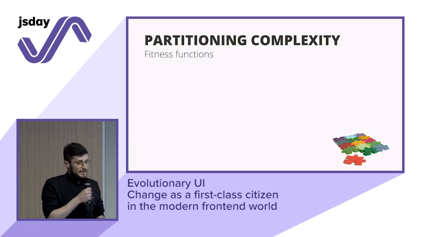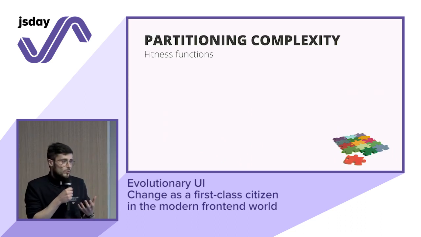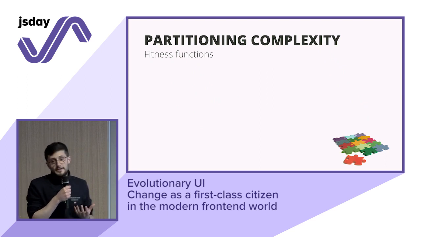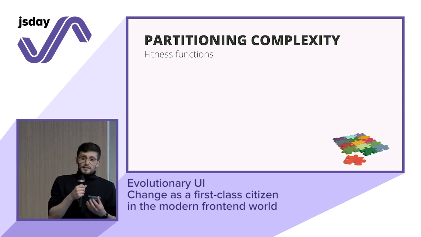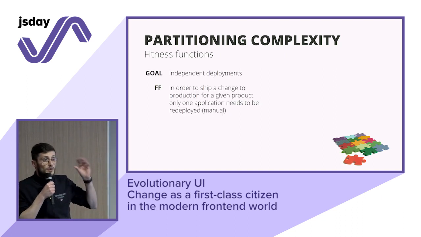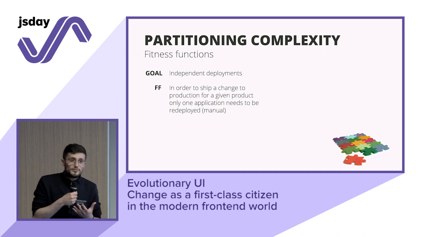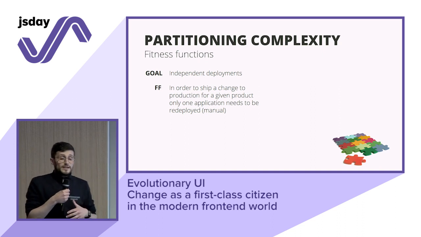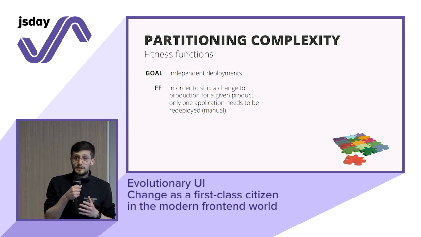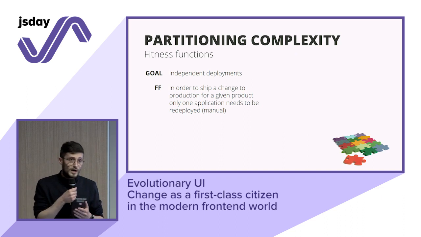Now, the thing is that we may want our teams to be completely independent. We want our teams to own the product from the DBA layer to the UI. So how can we help to achieve that? We can perhaps start by setting up a fitness function that helps achieve the goal of independent deployments for our UI.